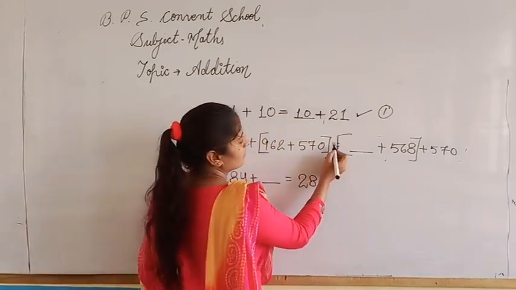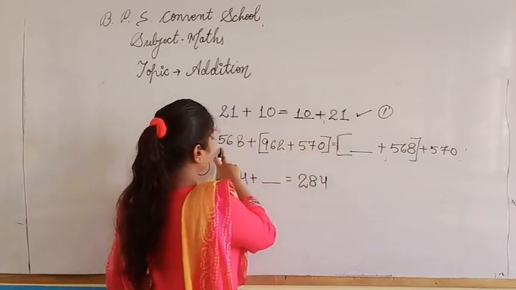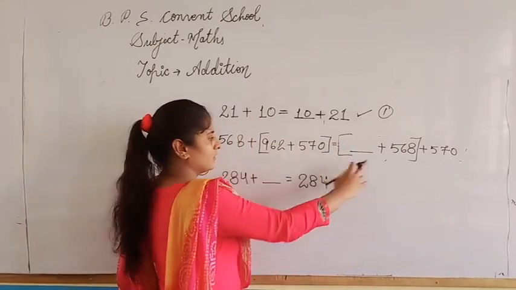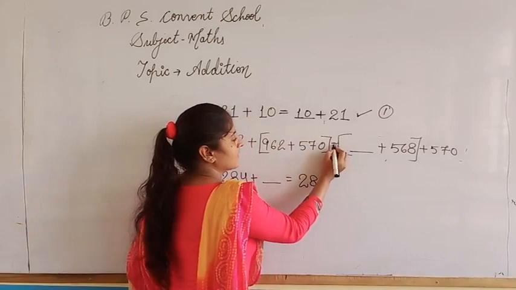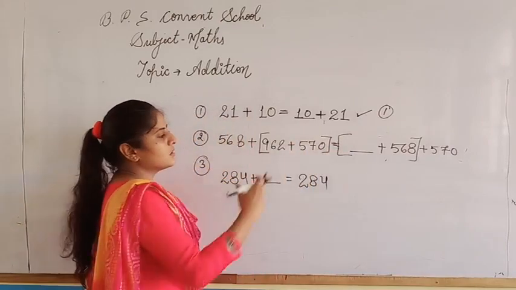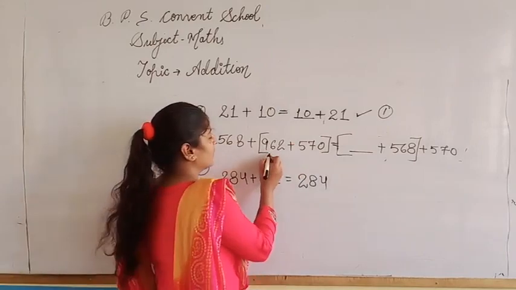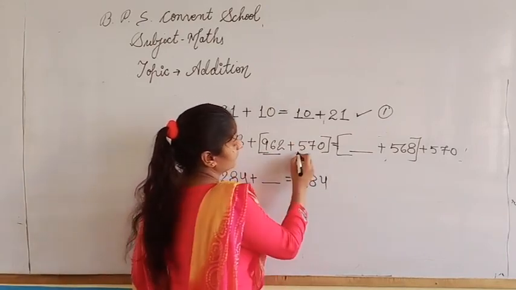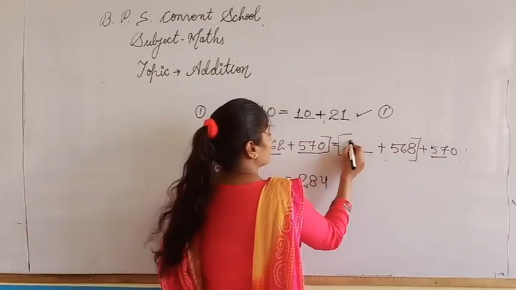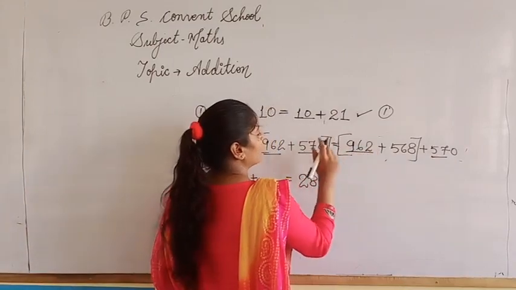In this, 568 here, this side also 568, equal sign means these two additions are equal. Not given, it's already there. So write 962.